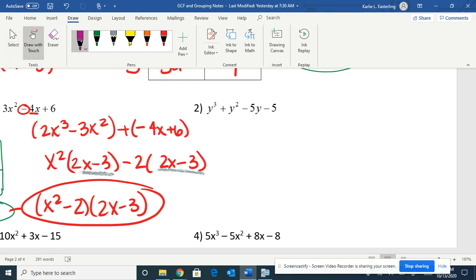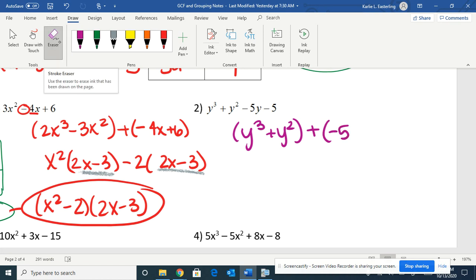Let's do this one in purple. We're looking at y cubed plus y squared, that plus sign, but that minus 5y minus 5.